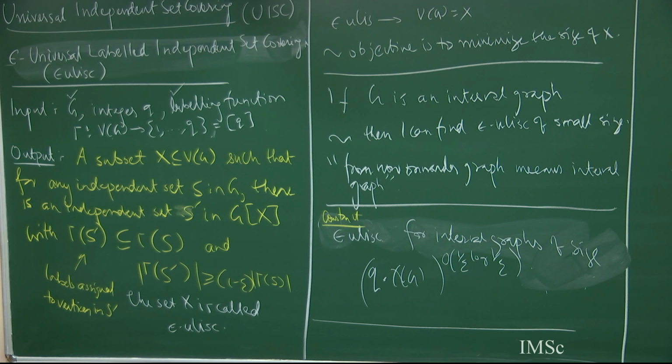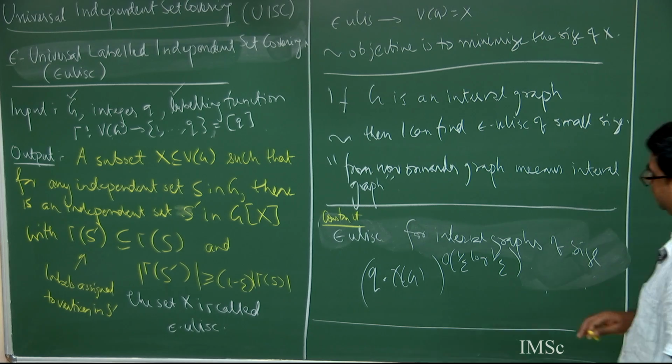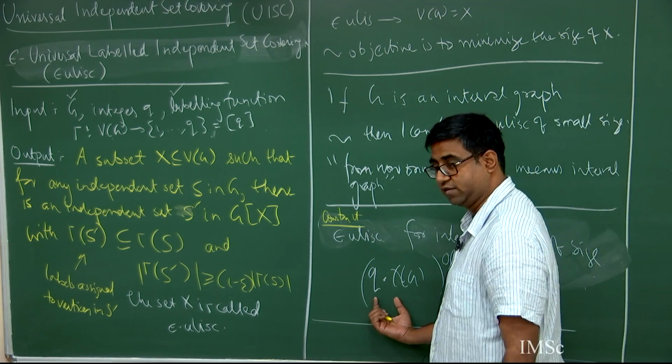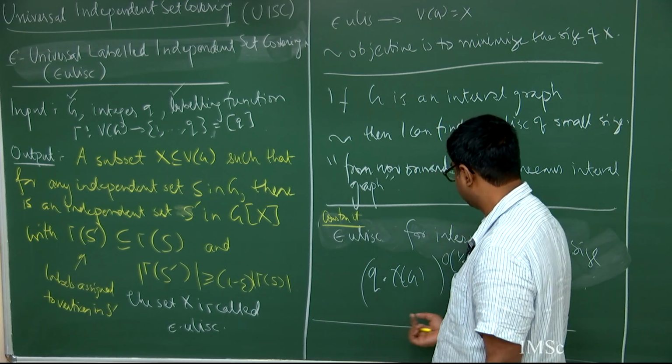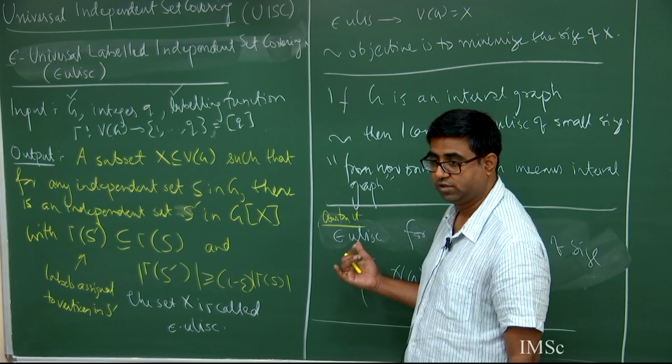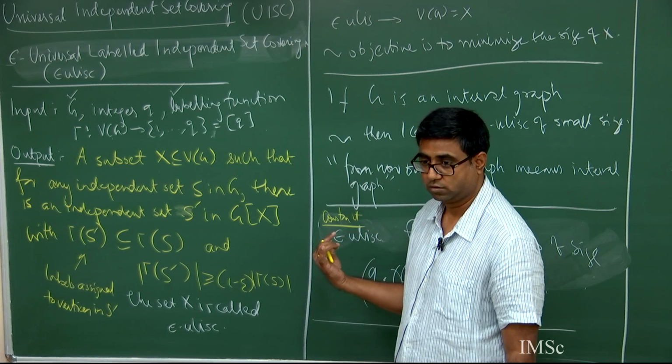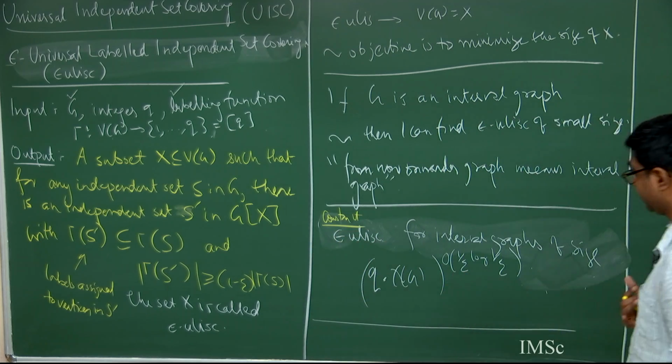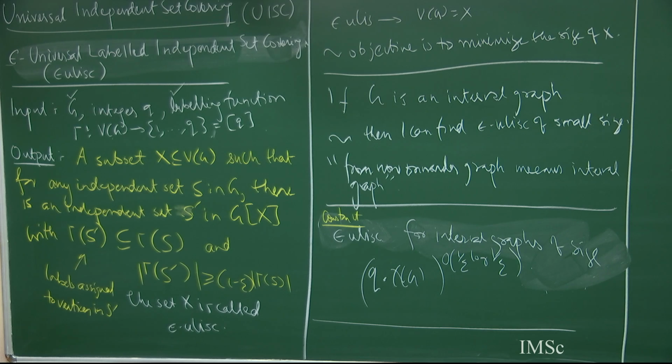This is what I am going to construct today. If these two numbers are small and epsilon is a fixed constant, then this is a polynomial size. And this is what I am going to use to design my kernelization algorithms. So for my design of my kernelization algorithm, this object is of our interest.